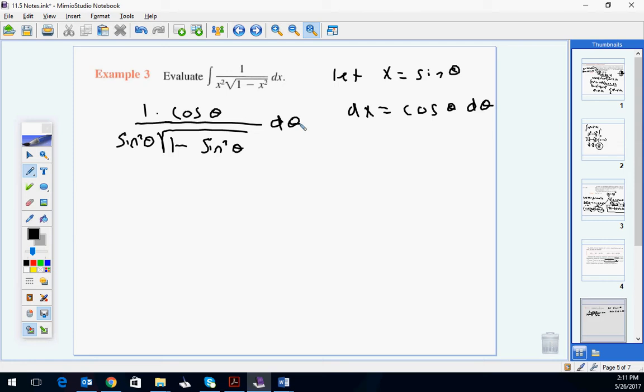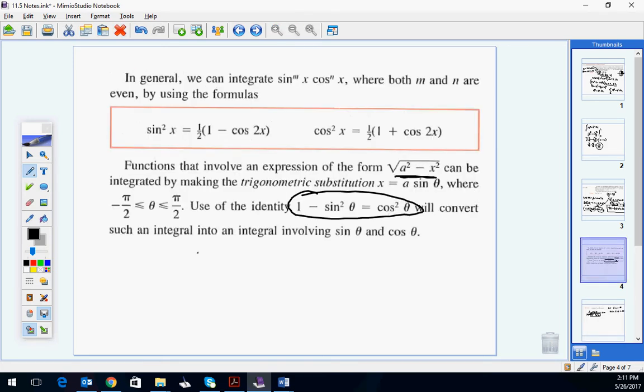So this is back to what they're telling us. This helps us because, guys, we can change this to this. Because look, we have 1 minus sine squared theta in there. If I square root this, that's what we have right now, isn't it?